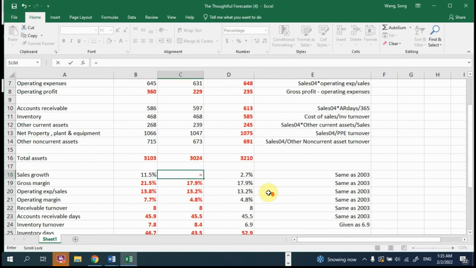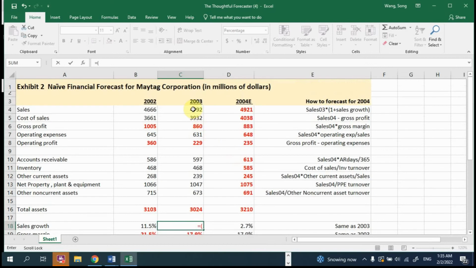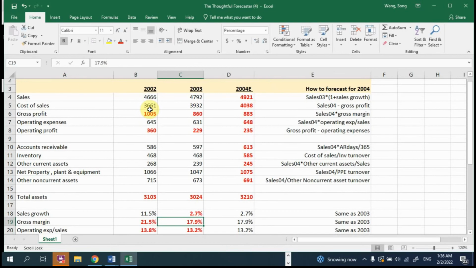So what you're going to do here is put an equal sign, that's how we start a formula, then the parenthesis sign, and then the new year minus the old year divided by the old year. This is required knowledge: how to calculate the growth rate, how to calculate return. It's new minus old divided by the old. That's one way to do it.